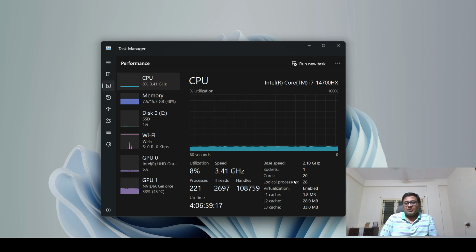Now it has 20 cores. In earlier CPUs, there was only one core in one CPU. Multi-threading was always there, but there was context switching, right? One thread will execute at one time, and it will save its data and registers. Then another thread will come in and execute.